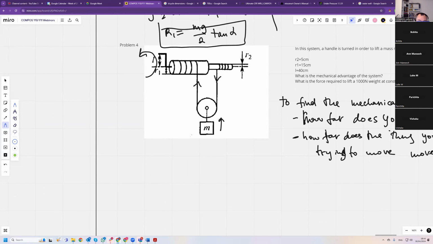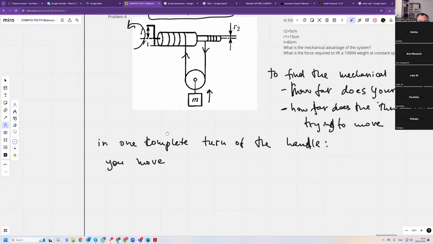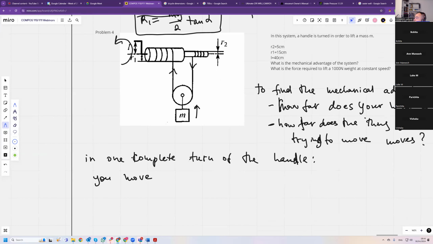Okay, so for simplicity, let's take a single turn. In one complete turn of the handle, how far does your hand move?